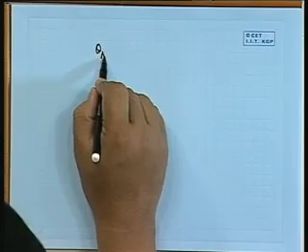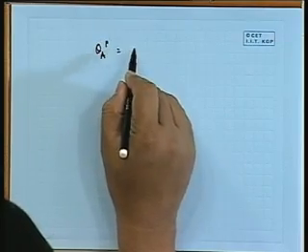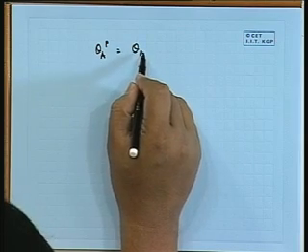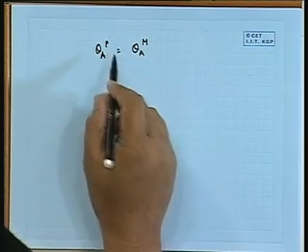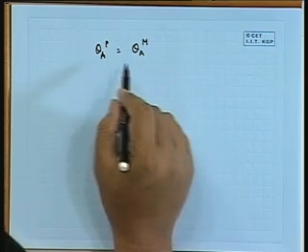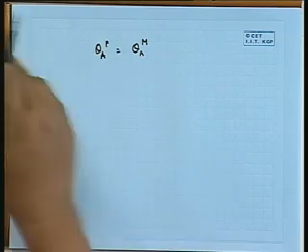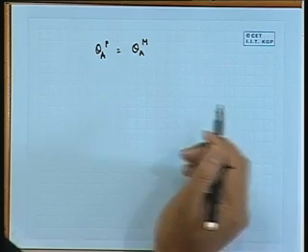So we can write theta A due to P should equal theta A due to moment, the expressions whatever we have written.